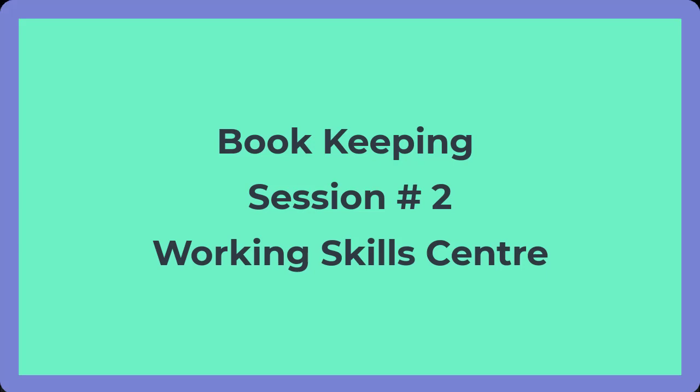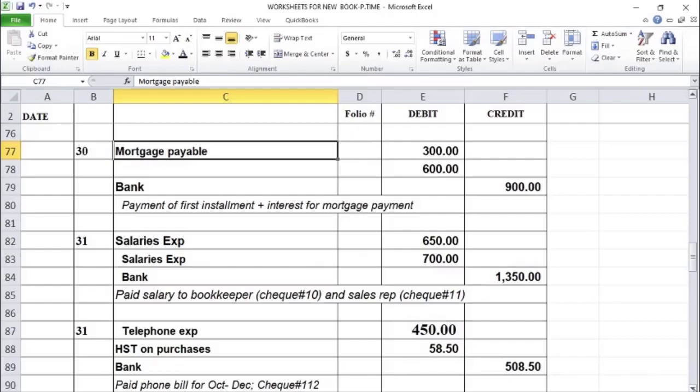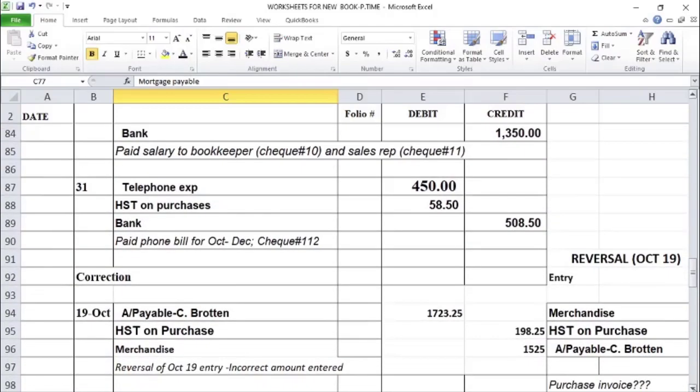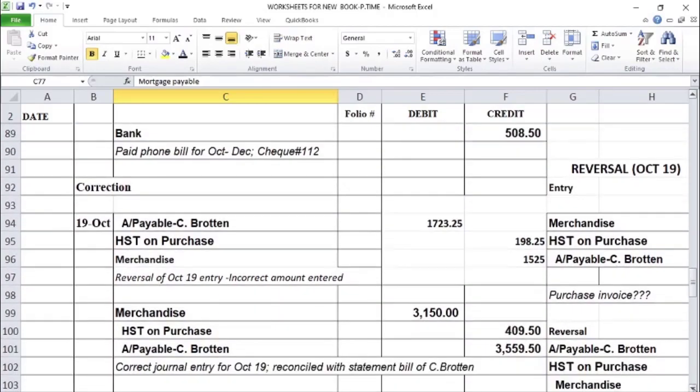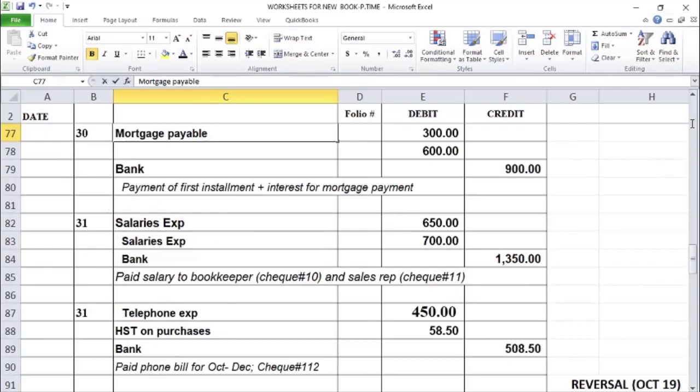Prepaid expenses, you understand that. About unearned revenue, you know that, right? Unearned revenue is unearned earnings in IFRS.